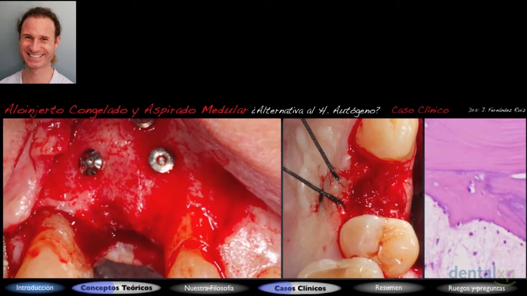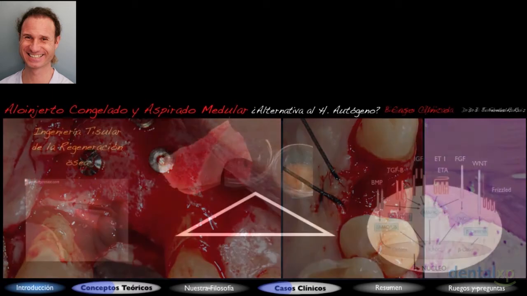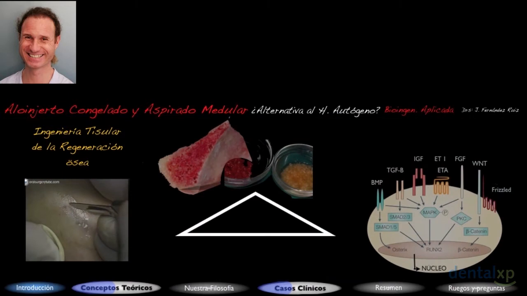At this moment we remove the fixation screws and do a little biopsy to observe in the histology. We can see in the histology the new bone formation. So we can understand that this allogenic bone graft had an osteoinductive capacity that has allowed us to create new bone.